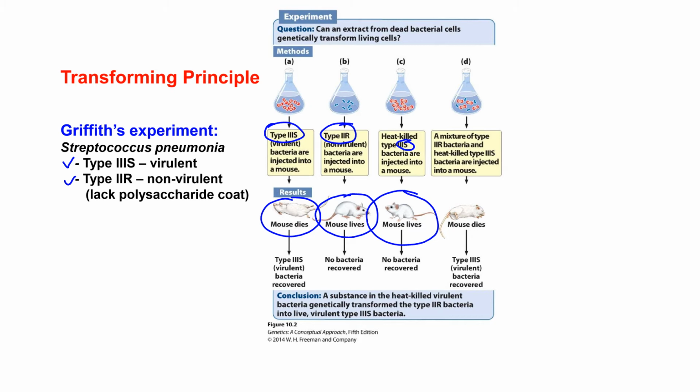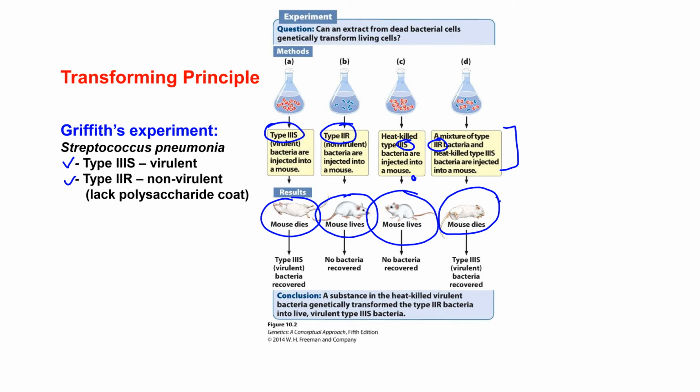What happened was, when he mixed non-infectious 2R bacteria with heat-killed, heat-inactivated 3S pathogenic bacteria, the mouse died. So basically, this would not happen if proteins were responsible for killing.